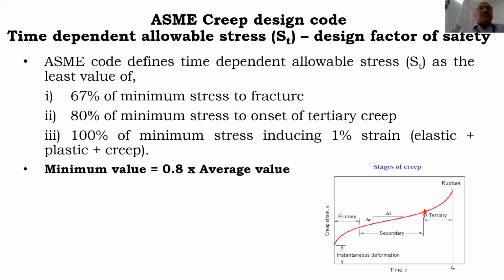So 3 stress values are taken. Either you take the rupture stress and take 2/3 of that, or 80% of the stress to cause tertiary, or the stress that causes 1% strain for a given 1,000 hour, 10,000 hour, 100,000 hour, whatever it is. And the lowest value of that is considered to be the allowable stress that can be used in creep.